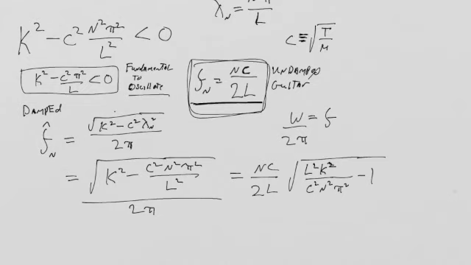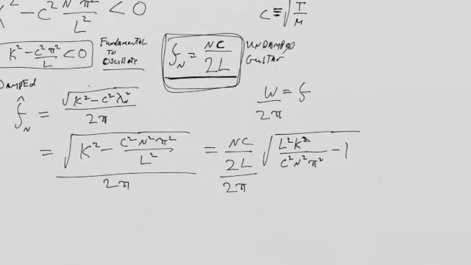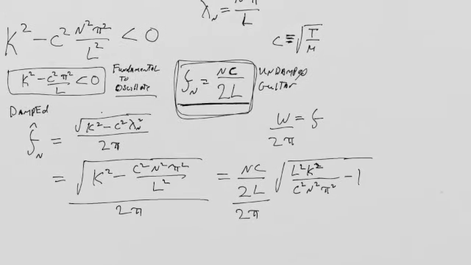I'll put the 2 pi here, over 2 pi. And then this is k squared L squared over c squared, minus 1.